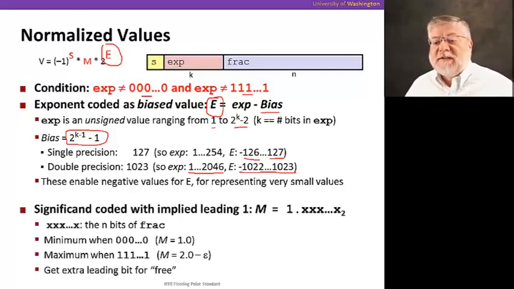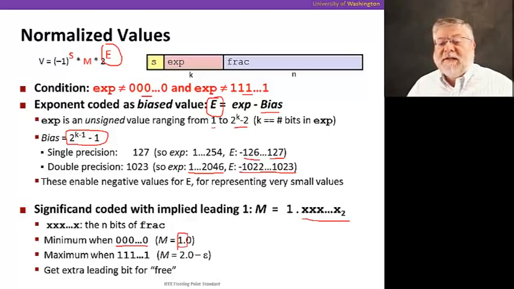Okay, so the significand, as I've mentioned, is then encoded without that leading 1 on the mantissa. We just represent those other bits. And a significand that has all zeros would correspond to 1.0, because the 1 point is assumed, and then zeros following.